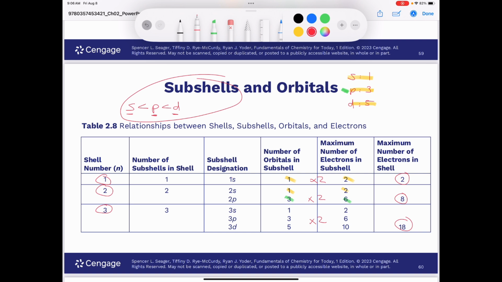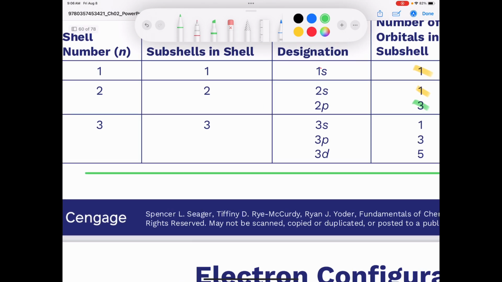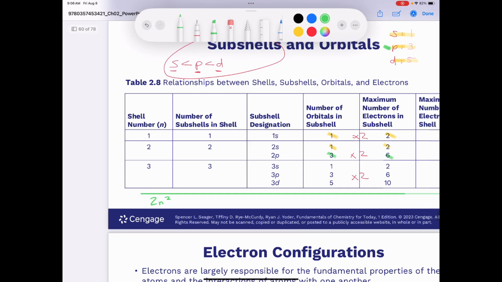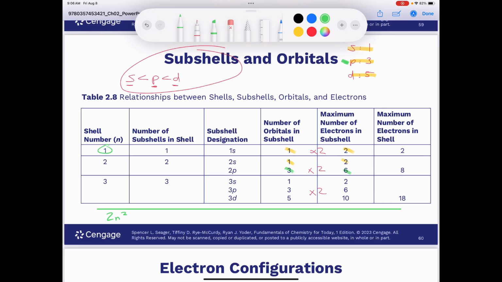Now, there is a formula that can be used to calculate the maximum number of electrons in a shell. So if you go from shell number to maximum number of electrons in a shell, the formula is 2n squared. So if you go from 1, 1 squared is 1 times 2 gives you 2.